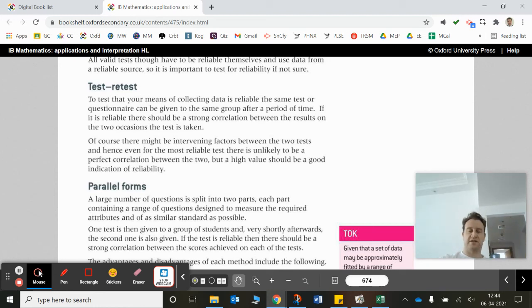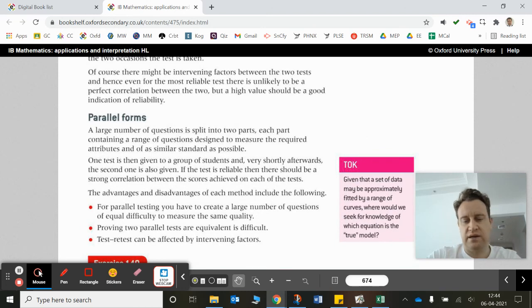Parallel forms of a test. If you make two tests which are of a similar difficulty, so you've got a whole set of questions and you split them into roughly their difficulty, and you create two parallel tests, you could give one test to a group of students, and shortly afterwards, the second test would be given to the same set of students.